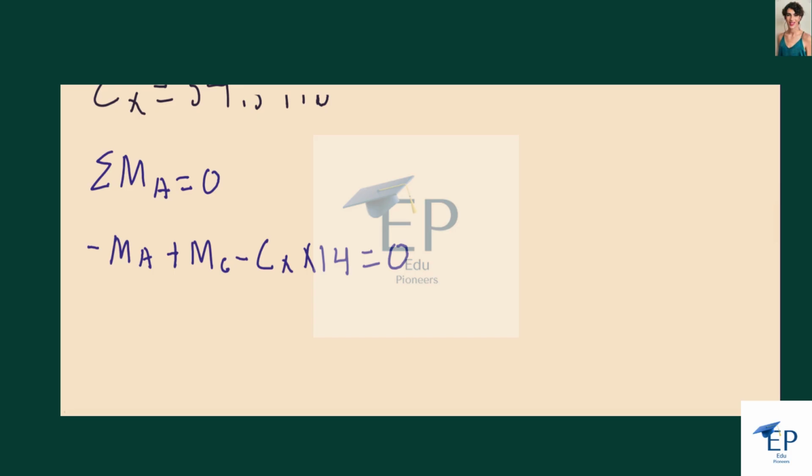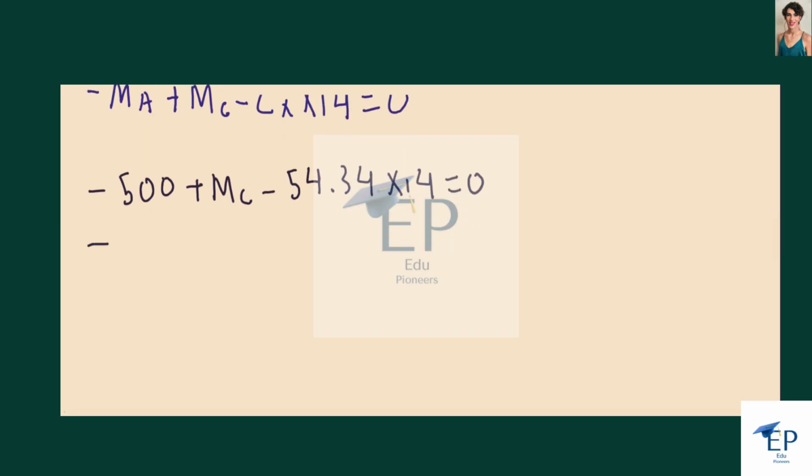And we can plug in the known terms and solve for M of C. So we have negative 500 plus M of C minus 54.34 times 14. And solving the equation for M of C, we will get a value of 1260.76 pound-inches. And this completes part A.